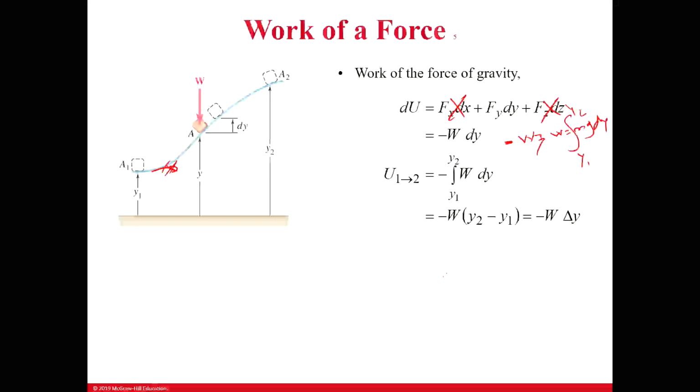So the amount of energy that it takes to move the box from 1 to 2 is the integral of w dy in the y direction from y1 to y2. In that case, w is mass in kilograms times gravity in meters per second squared, and this whole thing is newtons, times y, which is in meters.